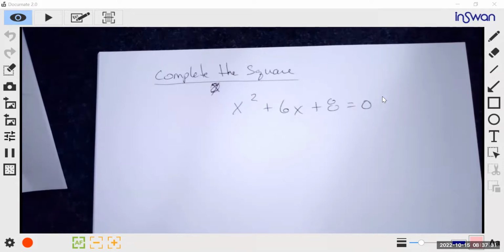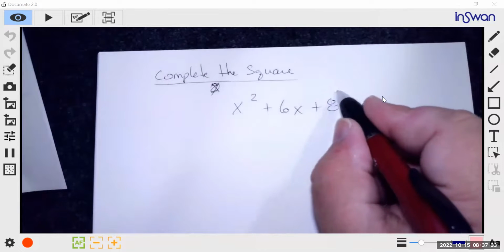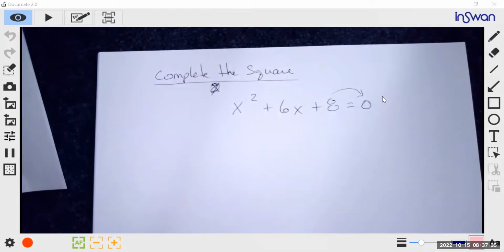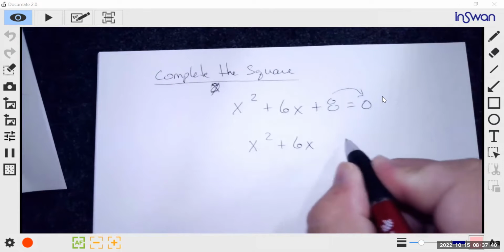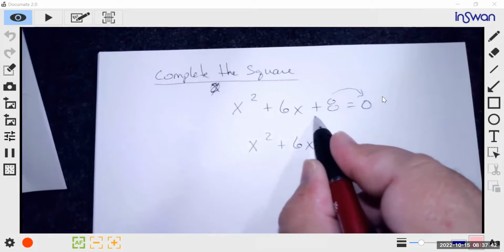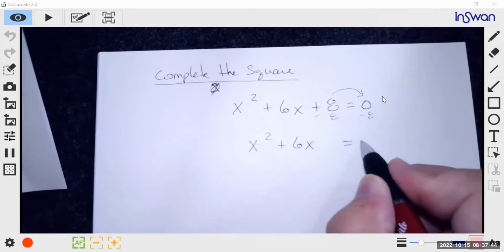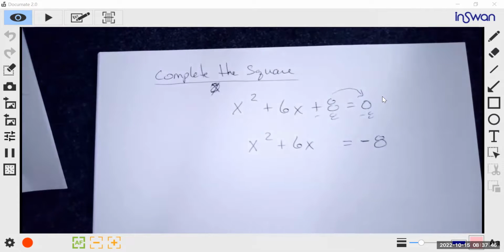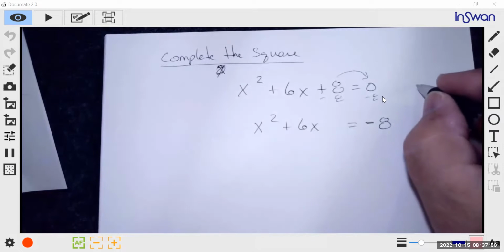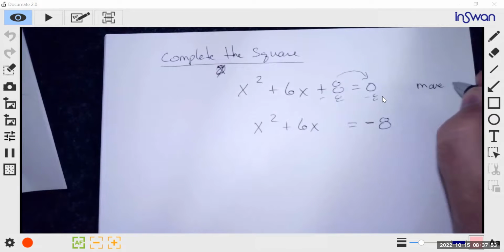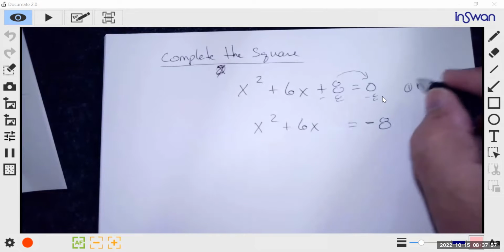In complete the square, the first thing you have to move is the constant term. How do you get rid of the 8? You subtract 8 from both sides. So we have negative. Move the C term. That's your first step.